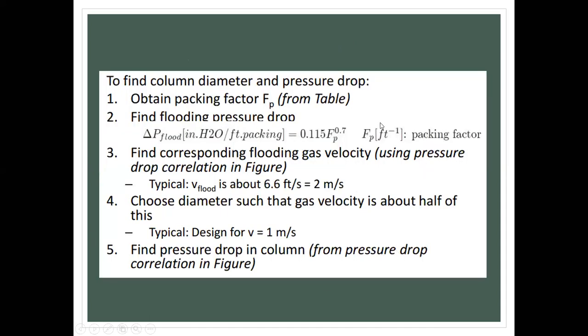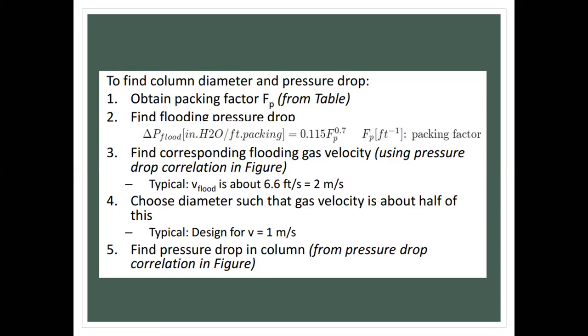However, when we determine the column diameter, this is the outline procedure for finding the diameter of the column. We get the packing factor from a table. It will be shown to you later. Then we determine the flooding pressure drop based on the formula just presented.